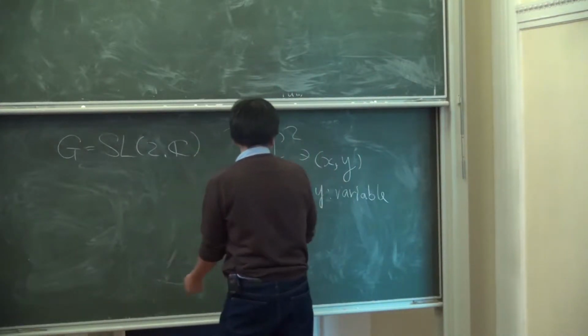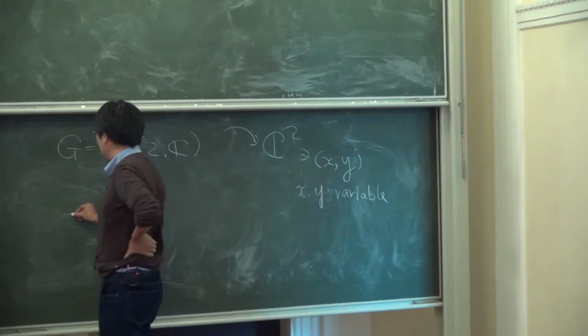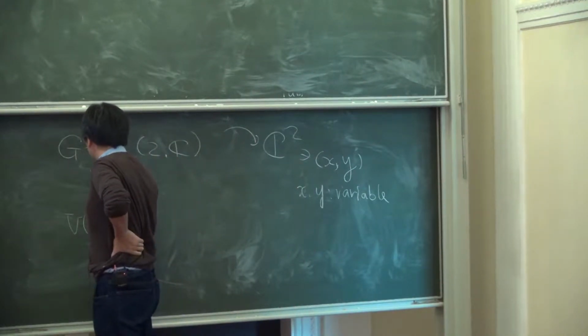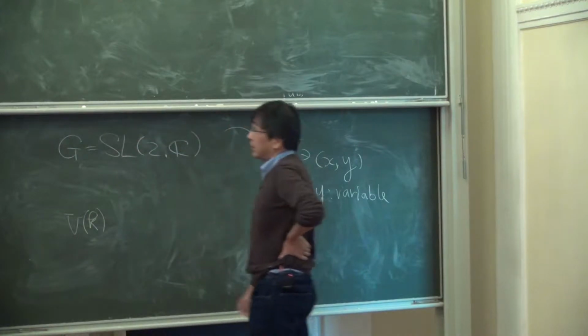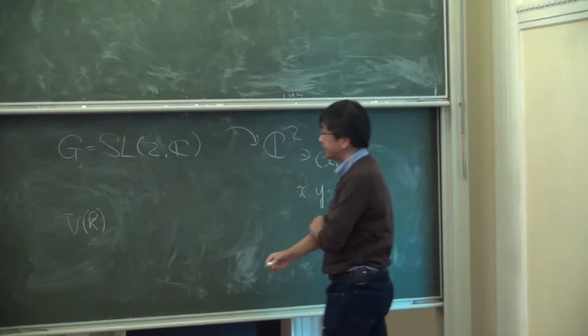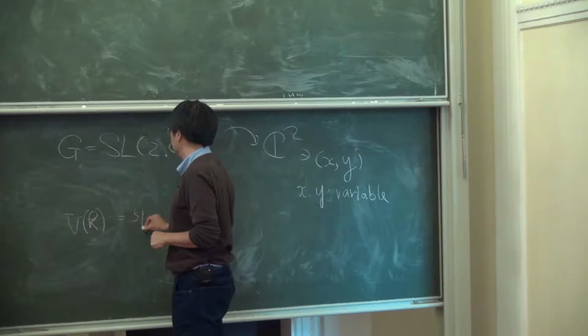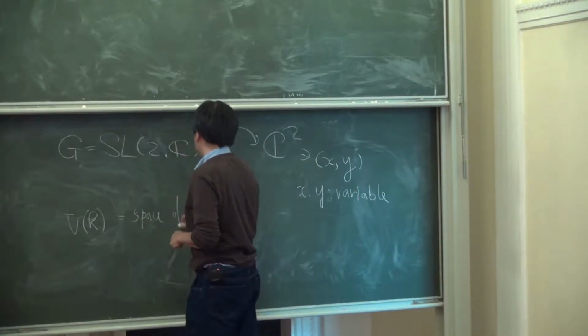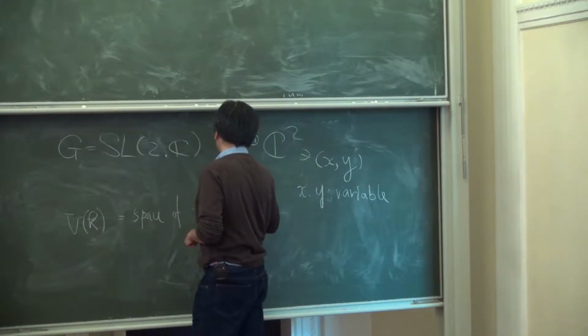My notation is slightly different from Sergei's notation. So Vk is the space of homogeneous polynomials of degree k.